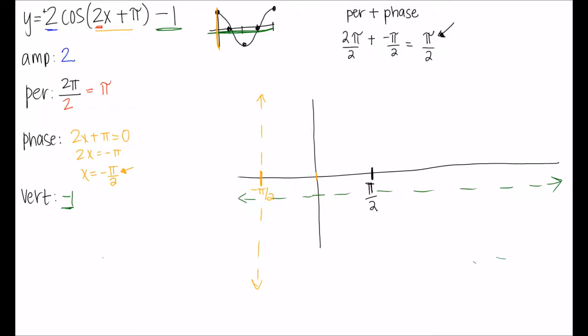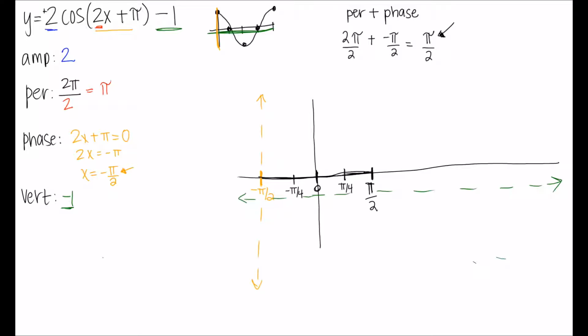Okay, our next job is going to be to split this chunk of x values into 4 little pieces. So halfway in between negative pi halves and pi halves is 0. That's going to be one of our values. And then if we split this into quarters here, this is negative pi fourths and then positive pi fourths.